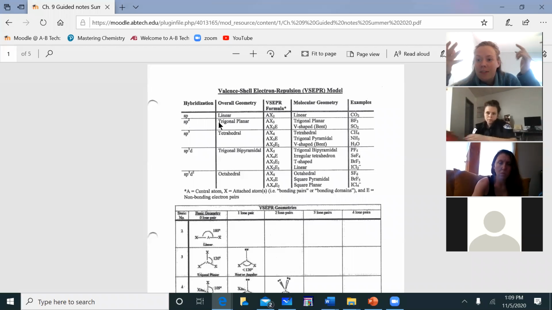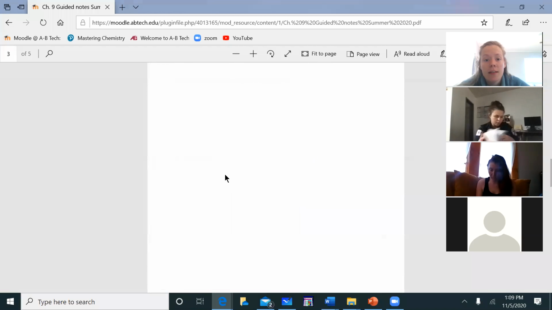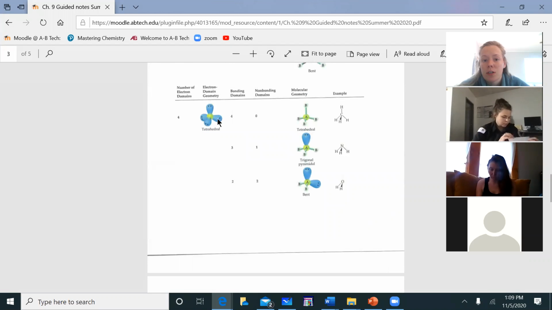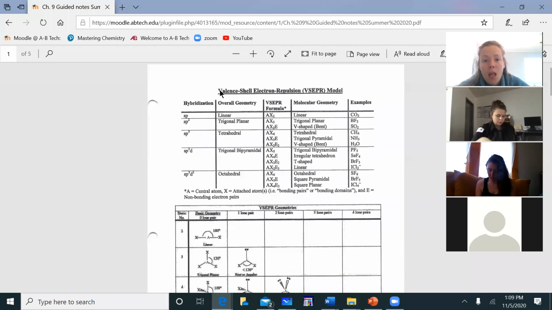A lot of times we do this in class with ball and stick models, or toothpicks and marshmallows, to get this visualization 3-dimensionally. In these slides, they do have some pictures trying to draw them out in 3-dimensional space. VSEPR stands for valence shell electron repulsion theory or model.